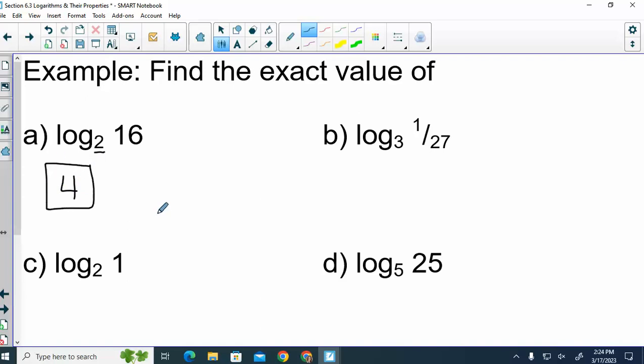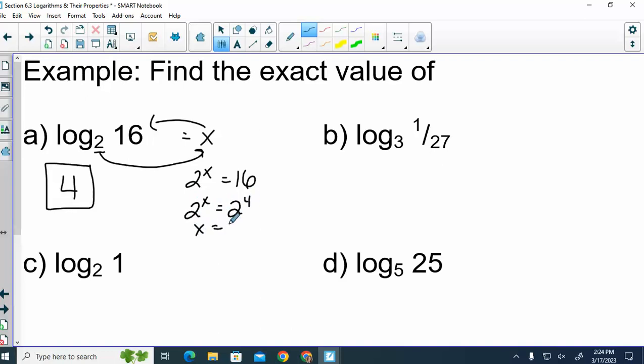So the answer is 4. If you don't see that, just set it equal to x and change it to exponential form. 2 to the x power equals 16. Common base. And you get 4.